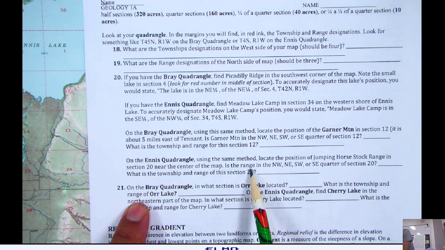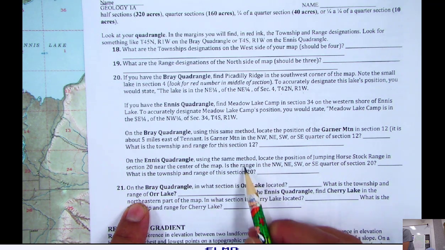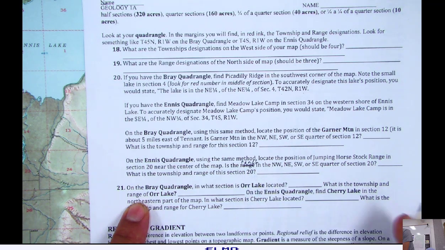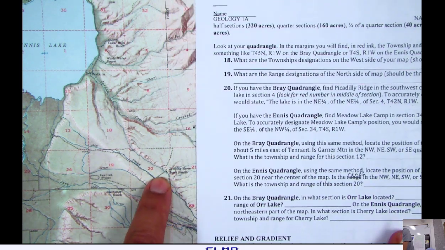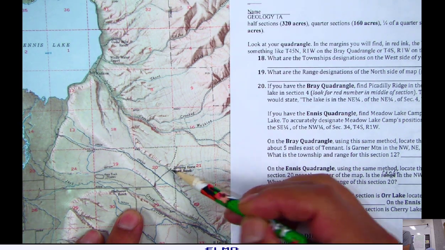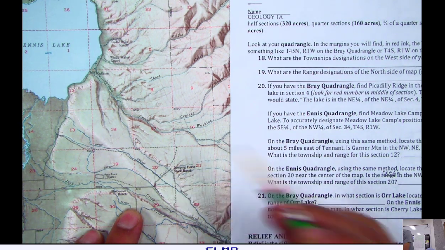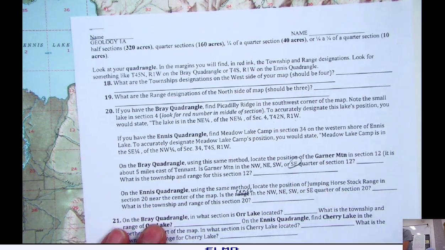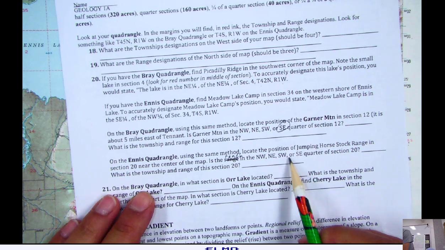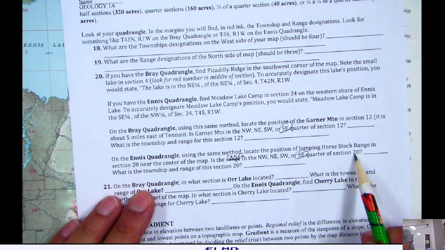Is the ranch in the northwest, northeast, southwest, or southeast quarter of the section? So actually this should be ranch. And so the ranch is in the, well, if you were to separate this out, you could see it's in the southeast quarter. So you would say the southeast quarter of section 20, right?